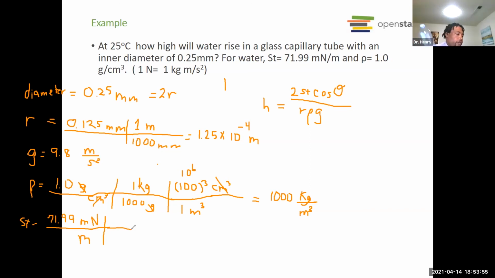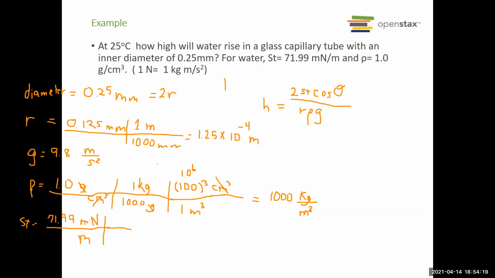So how many newtons are in a millinewton? 1,000.